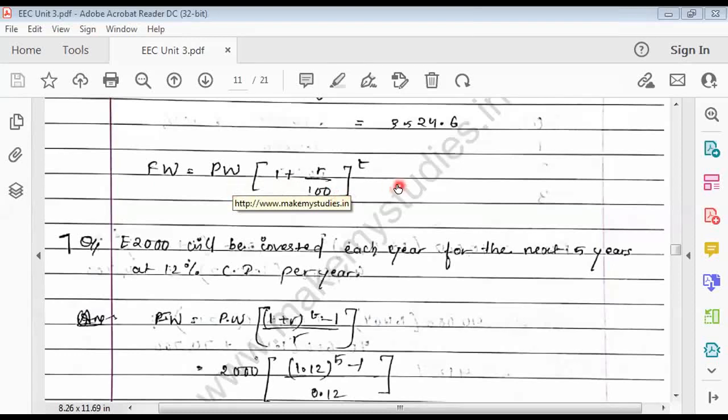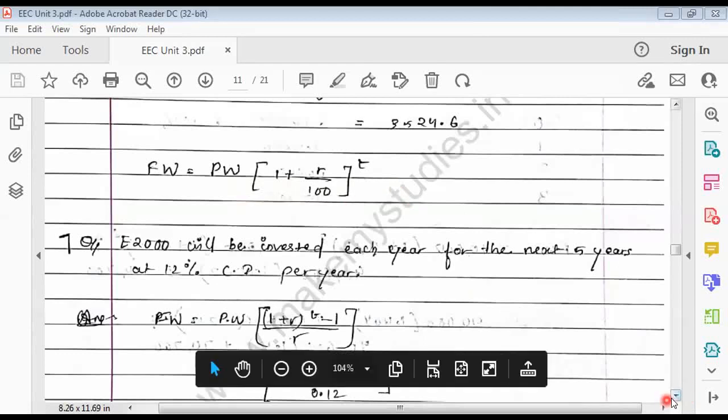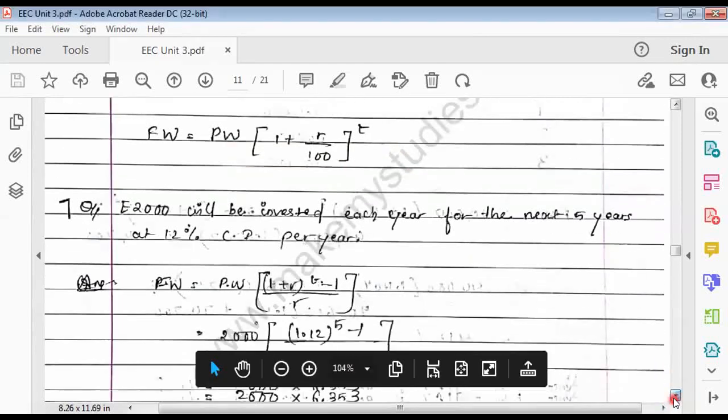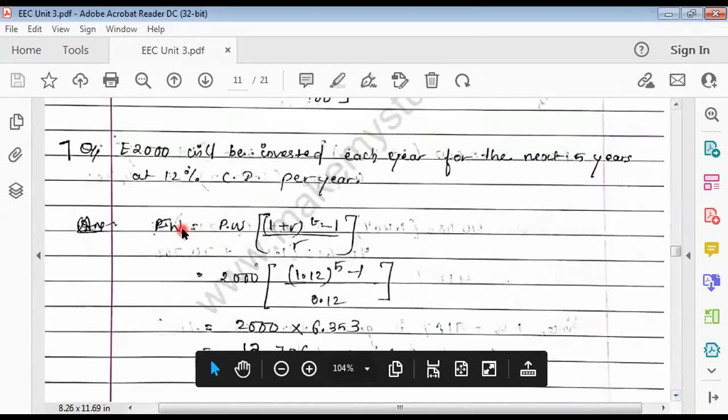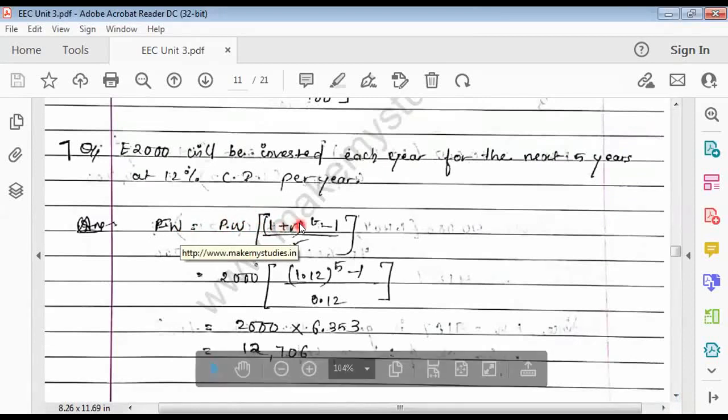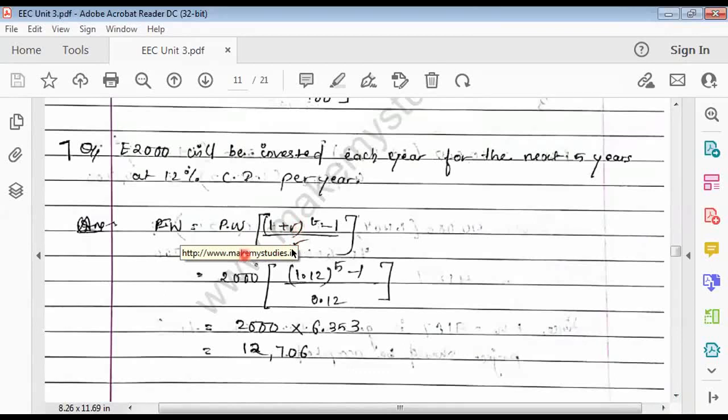So it is the same compound interest formula, no difference. And the second formula is this one: FW is equal to PW times (1 plus R) to the power T minus 1, whole divided by R. This is another formula you would be using.